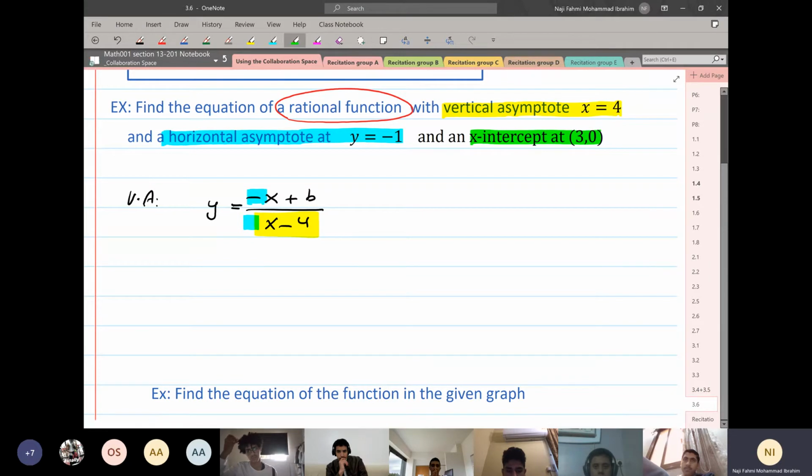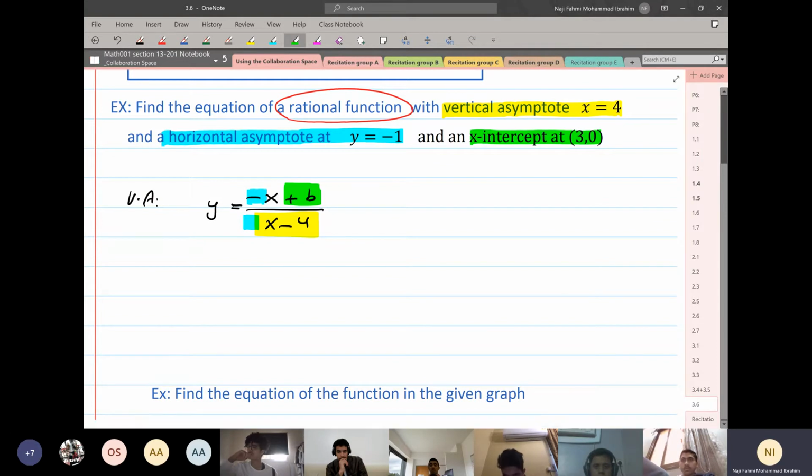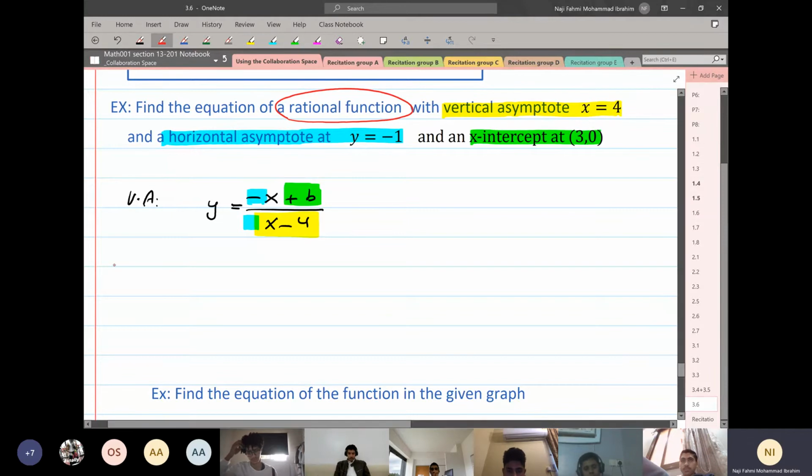b. And this b, we agreed earlier that the x-intercept is the 0 of the numerator. We mentioned this earlier. Now, how can I find b? We can use the ordered pair that is given, (3, 0). Can we substitute the ordered pair now?